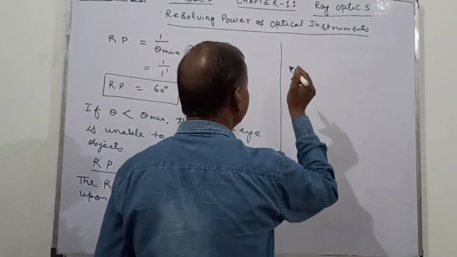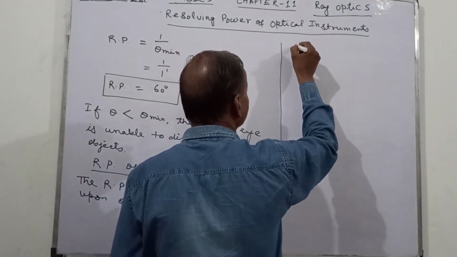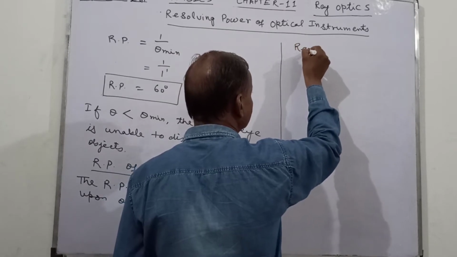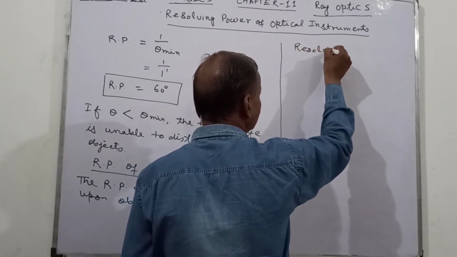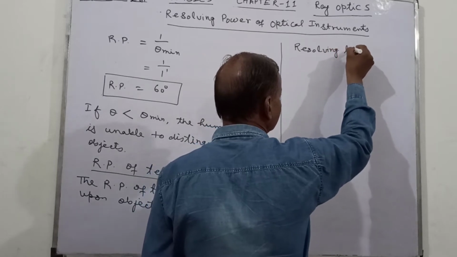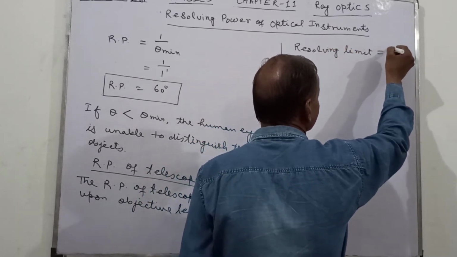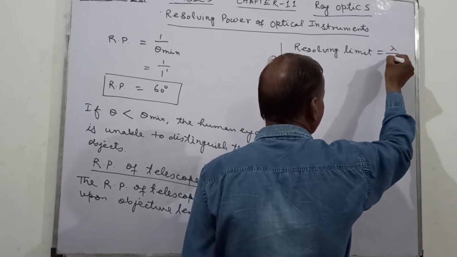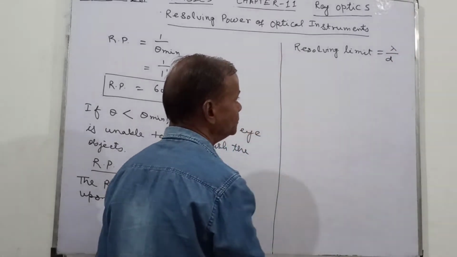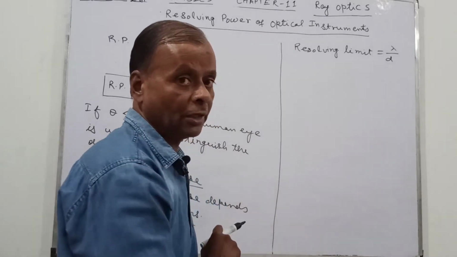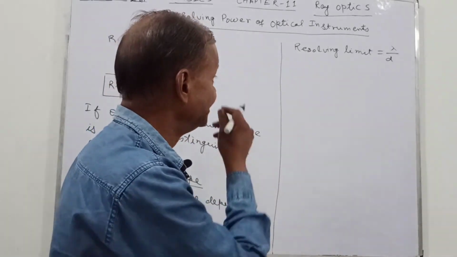Now the resolving limit is proportional to lambda upon d.